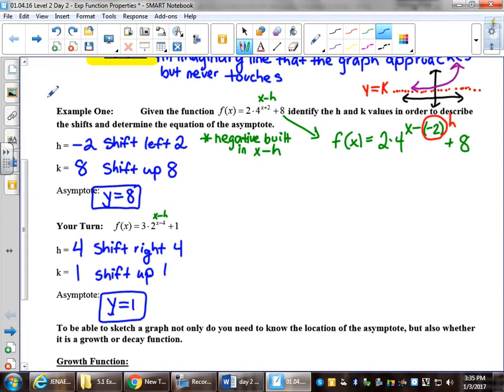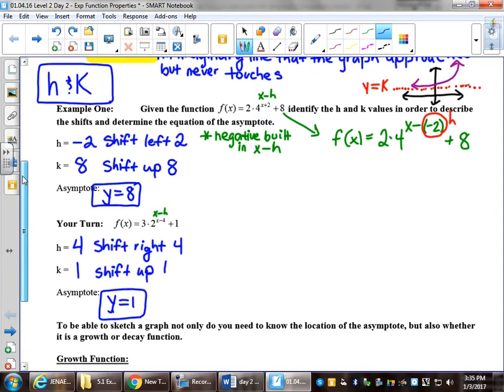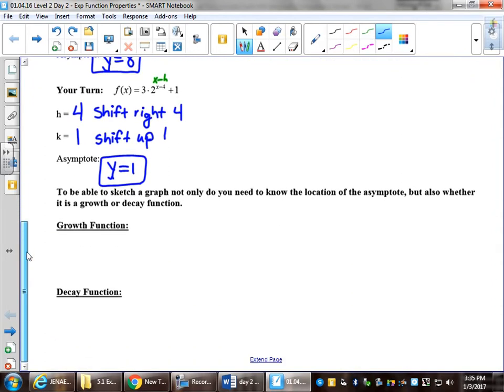So if you want to make a big note, this was working with H and K. Now let's talk a little bit about A. To be able to sketch a graph, not only do you need to know the location of the asymptote, which comes from K, but also whether it is a growth or decay function. Growth function. Let's highlight that.